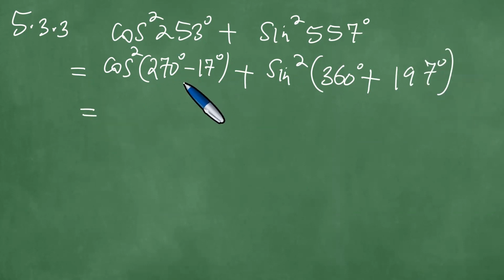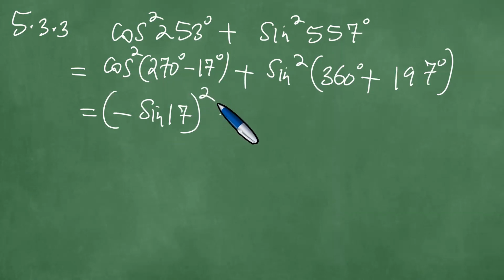In which quadrant is 270 minus 17 degrees? It is in the third quadrant where the cosine is negative, but it changes to its cofunction, the sine of 17 squared.